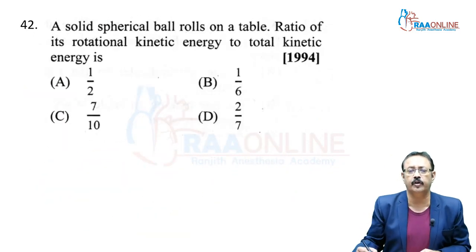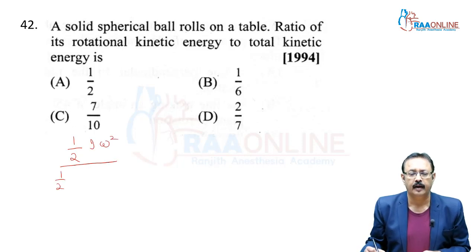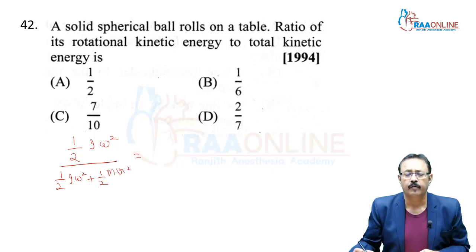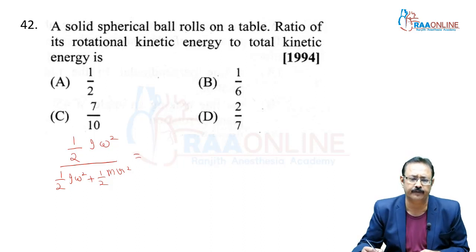Here we need the ratio of rotational kinetic energy, means half I omega square upon total, half I omega square plus half m v square. Divide the whole equation by half.